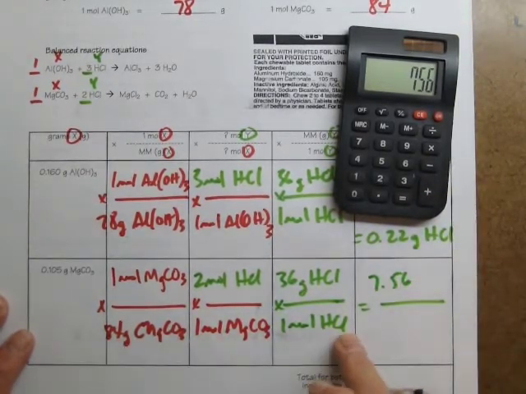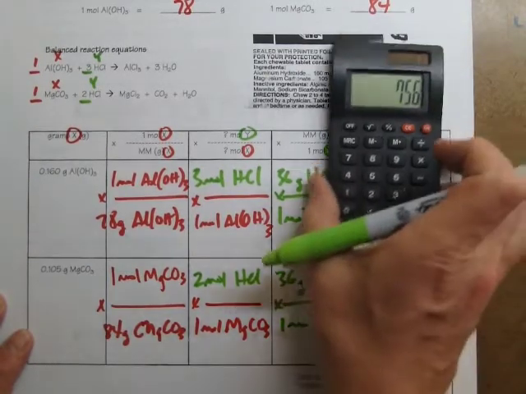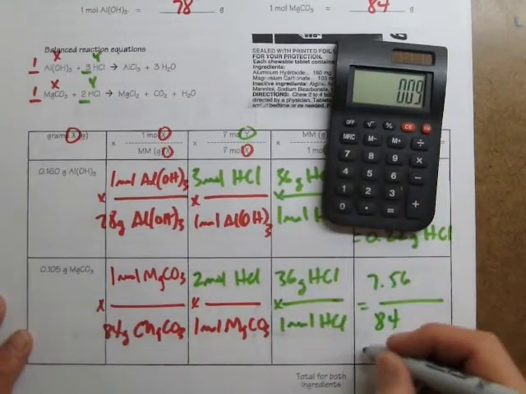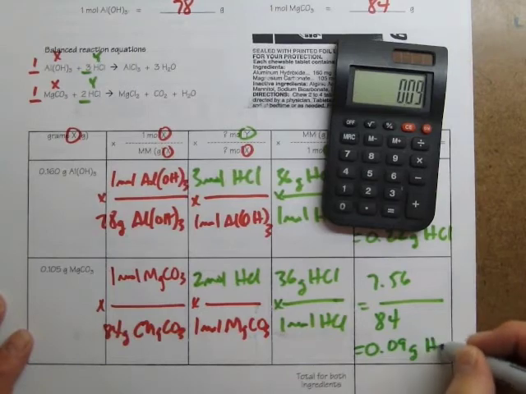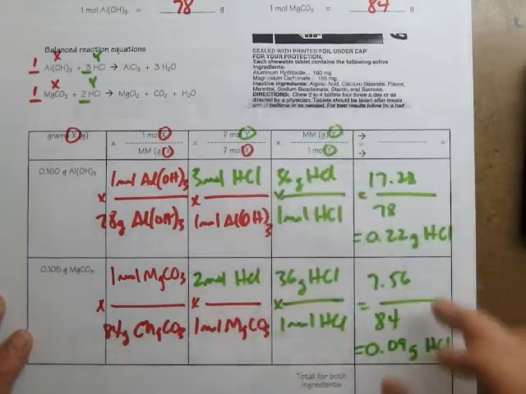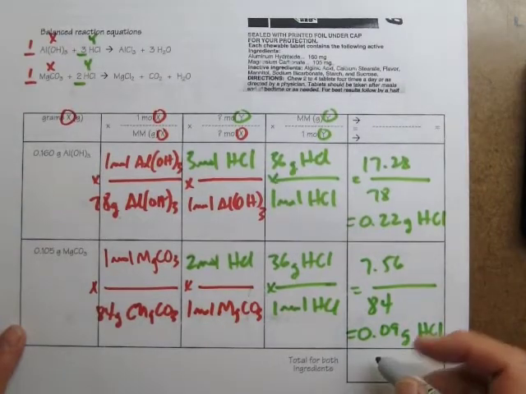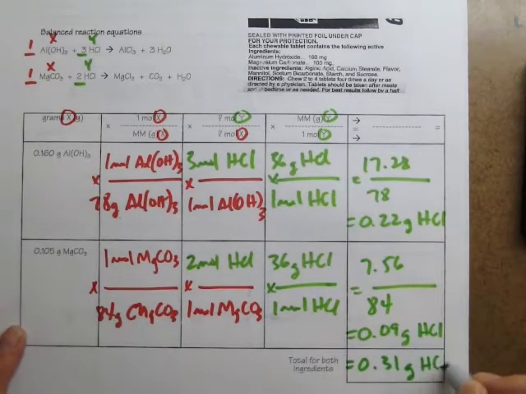And across the bottom, if you multiply those together, it's 84. So 7.56 divided by 84 is 0.09 grams of hydrochloric acid. Both of these are working together, so we'll add together their effect. Together, they both will use up 0.31 grams of hydrochloric acid.